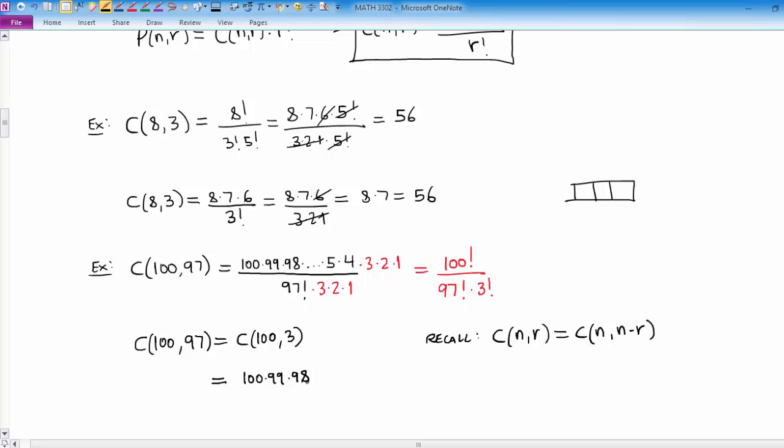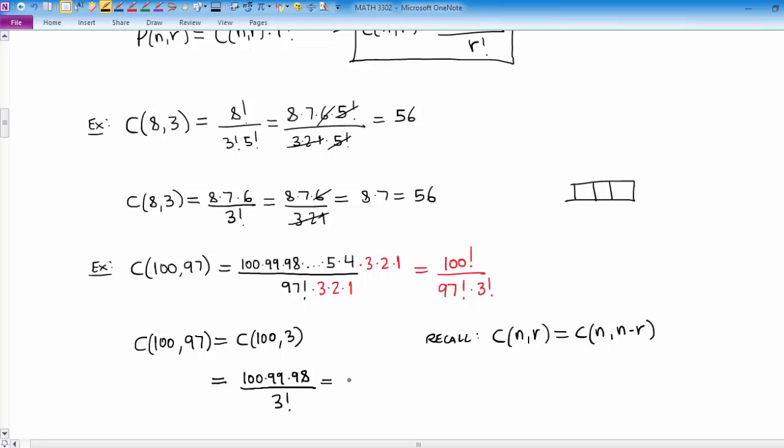So I have only 3 factors. Again, this will give me the number of permutations of 100 objects taken 3 at a time. But I don't want the number of permutations, I want the number of combinations. In order to get rid of the order of permutations, I need to divide this by 3 factorial.